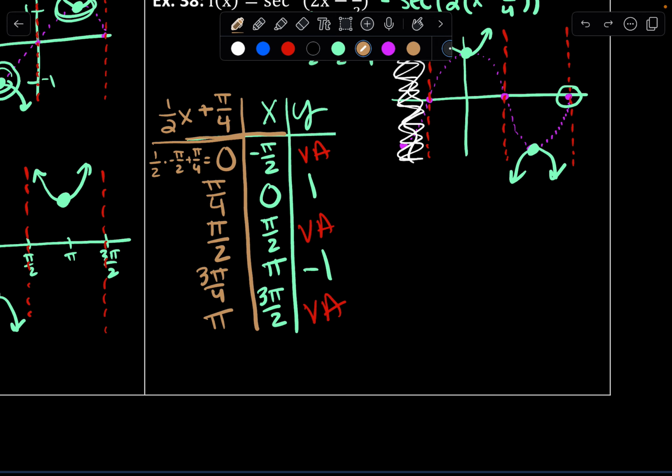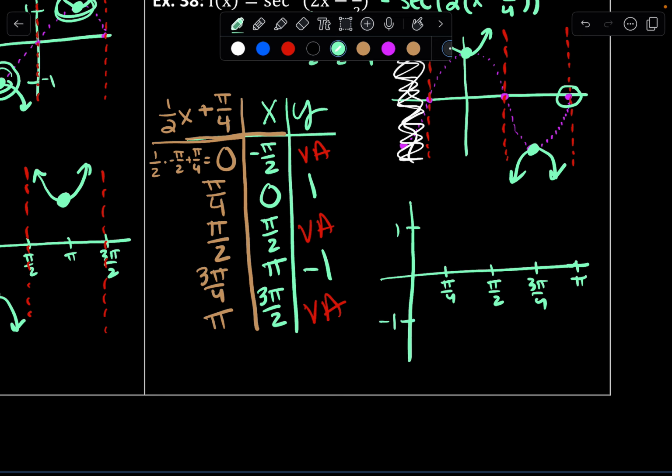All right, sketching this, it looks like we are in quadrants 1 and 4. So we'll be on the positive side. 0, pi over 4, pi over 2, 3 pi over 4, and pi. Let me do the vertical marks as well.